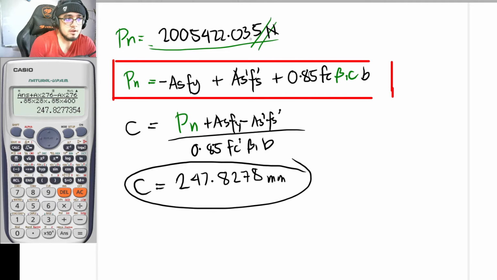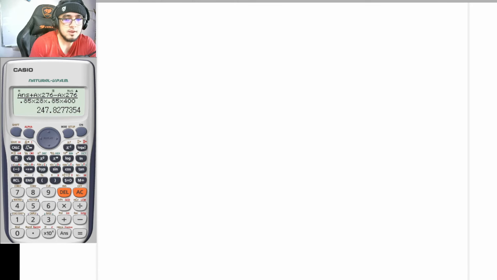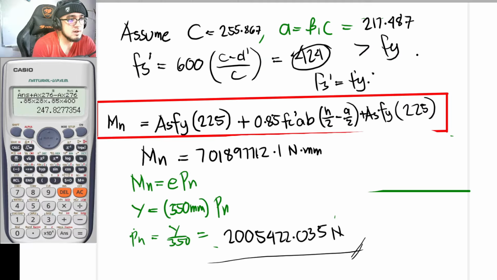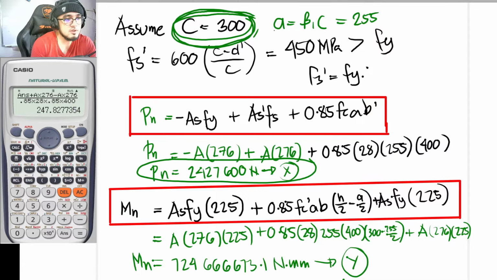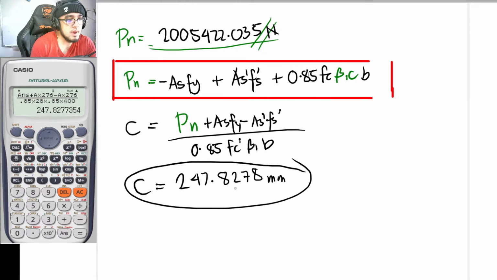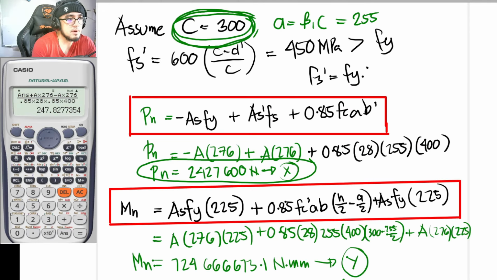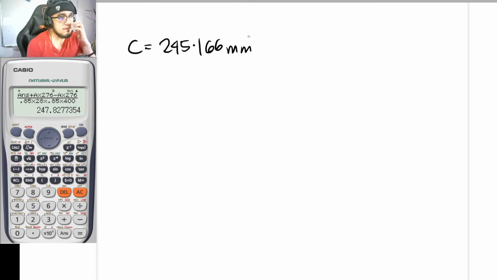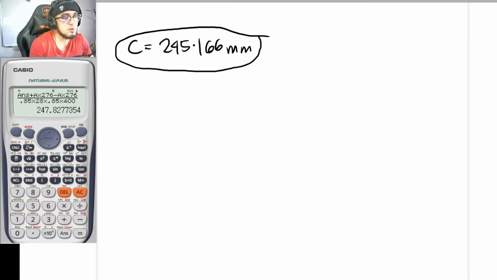Okay, spoiler alert. After so many trials, in my trials, the correct assumption of C is 245.166 millimeters. What you would be doing is replacing this here in your assumption, then repeat the process, then you will arrive at a new answer, then repeat the process, and after some time, I have arrived at C equal to 245.166.